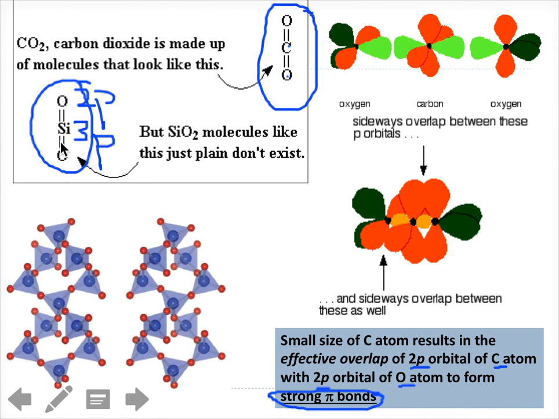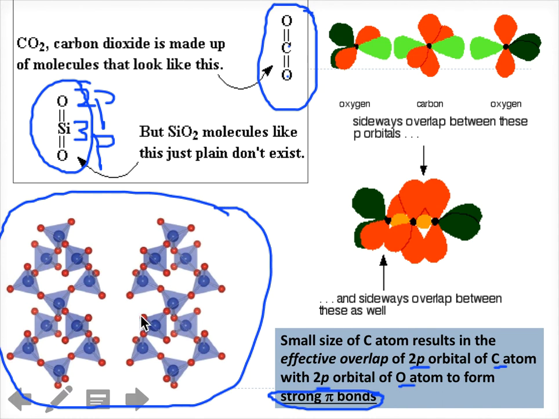Therefore, silicon dioxide in this form with two double bonds is highly unstable. So as a result, SiO2 will prefer to exist in this form, where each silicon is bonded to 4 oxygen atoms and each oxygen atom is bonded to 2 silicon atoms.